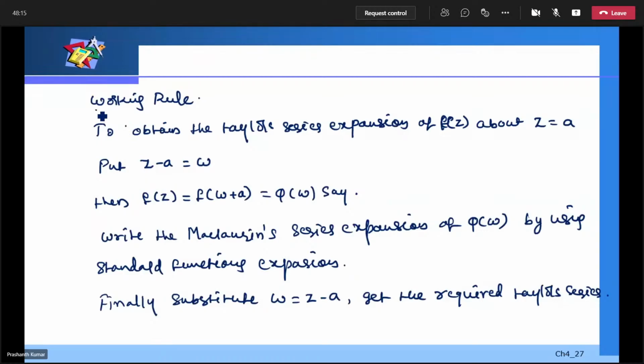So what is the working rule? To obtain the Taylor series expansion of f of z about z is equal to a, just put z minus a is equal to w. Then you write down f of z is equal to f of w plus a is equal to phi of w. Using the Maclaurin series, you write down the phi of w expansion using the standard functions expansion.